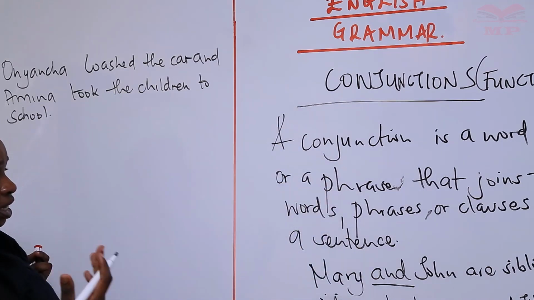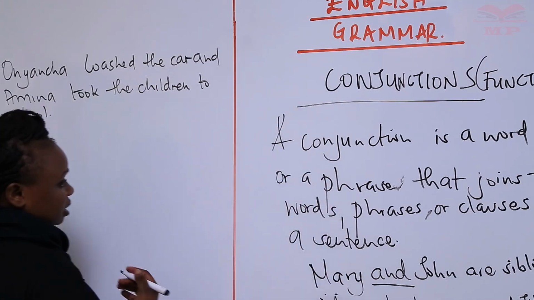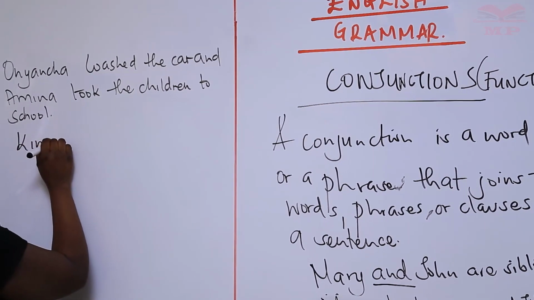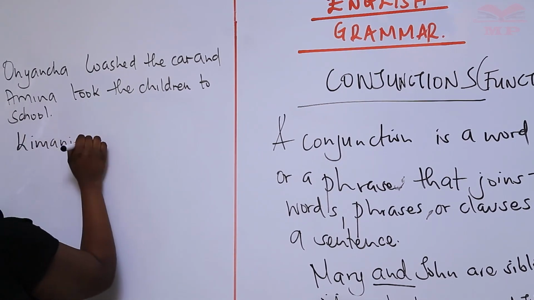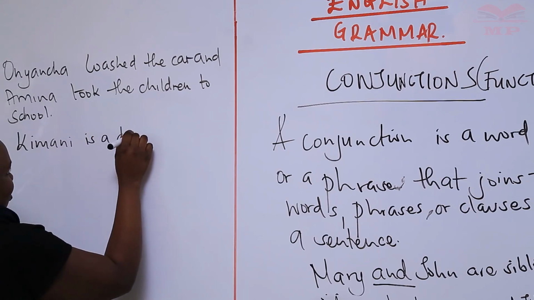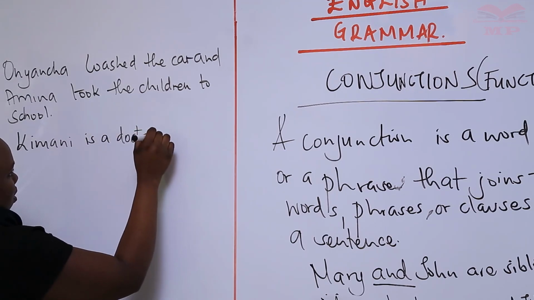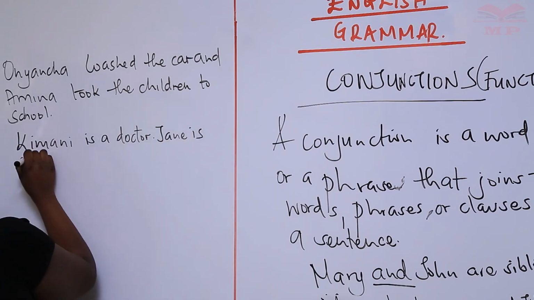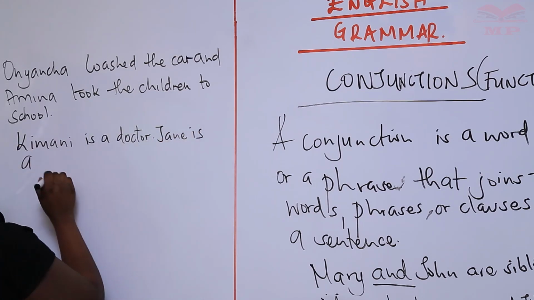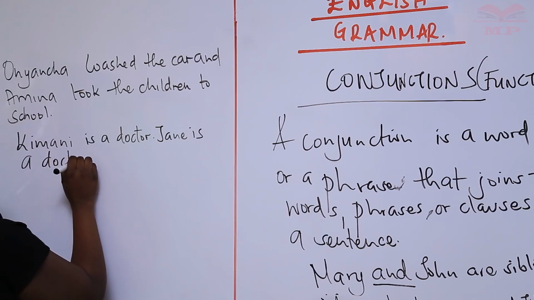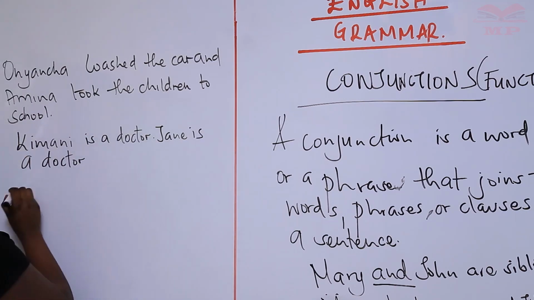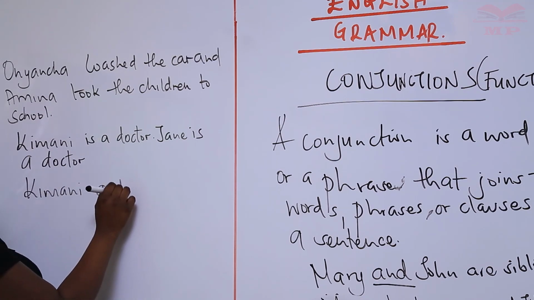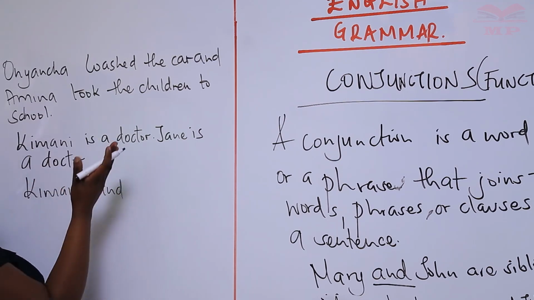You can even have maybe another one last example. Kimani is a doctor, Jane is a doctor.